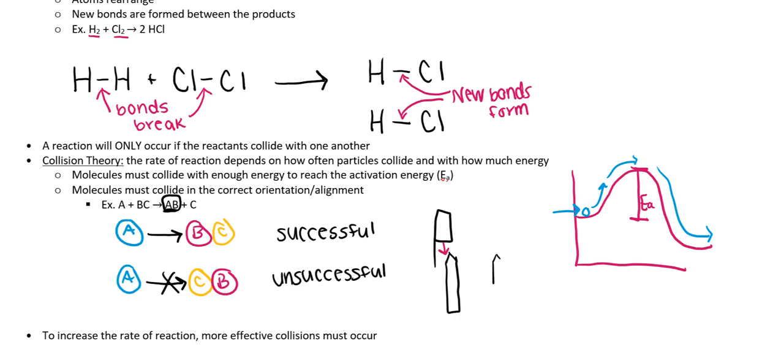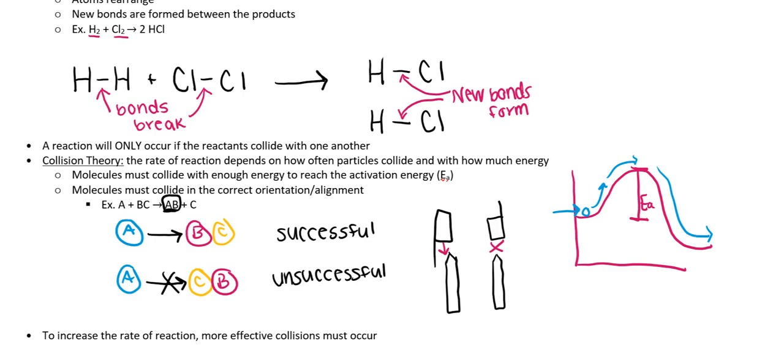Let's say you flipped the cap upside down. No matter how hard you tried, that pen cap is not going to go onto the pen because it's not in the proper orientation. So same thing with our chemical reactions. They need to be properly aligned in order to have a successful collision.